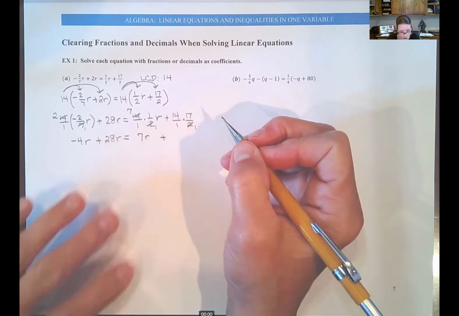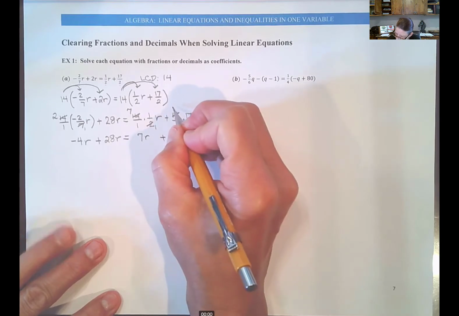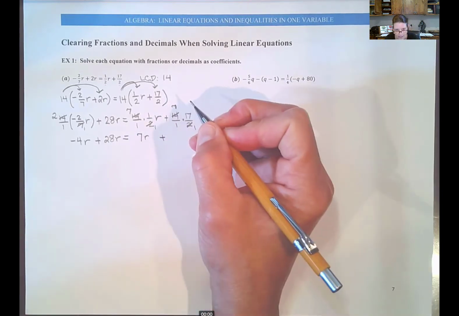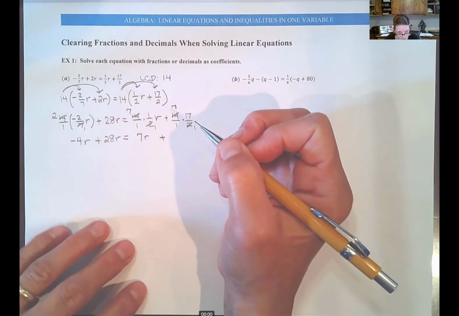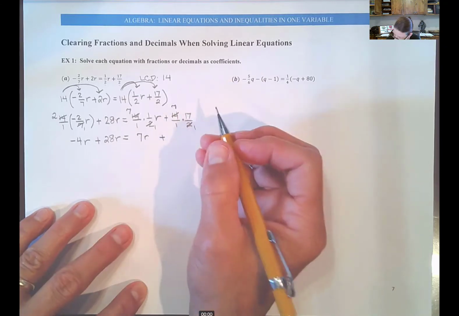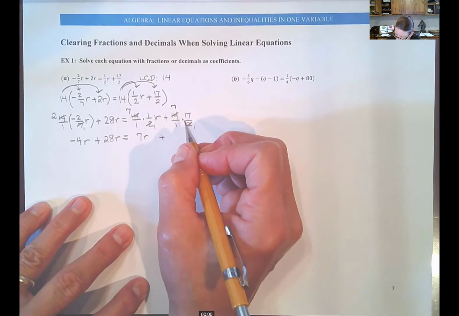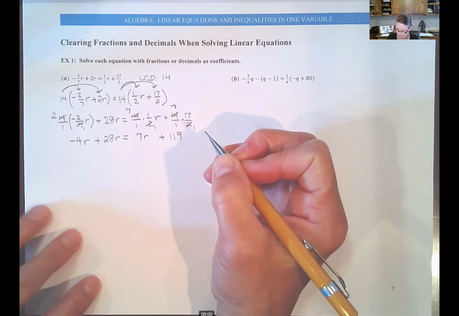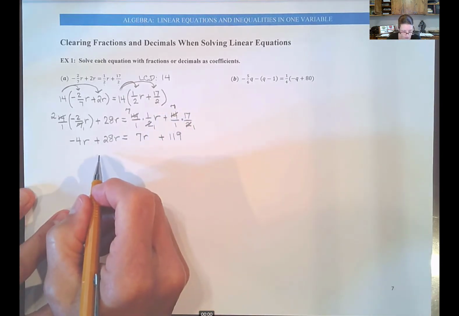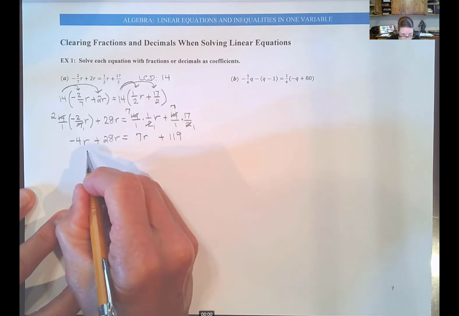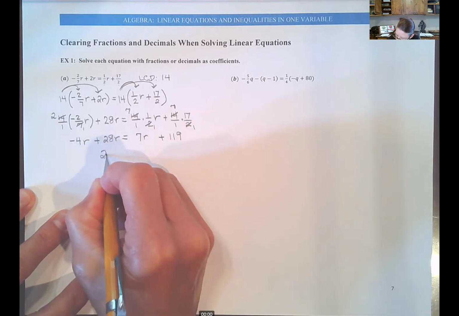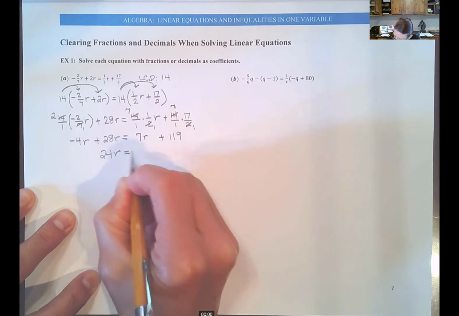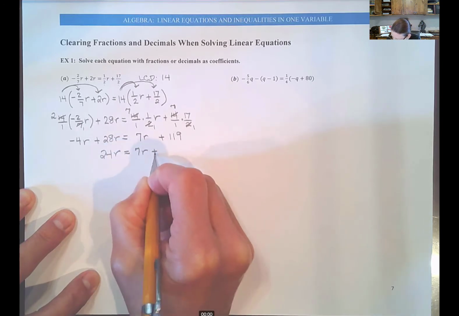Last product, 2 divides into itself once and into 14 7 times. Multiplying straight across, that's 7 times 17 is 119 over 1, or 119. Combining like terms on the left, 28r minus 4r is 24r. That's equal to 7r plus 119.